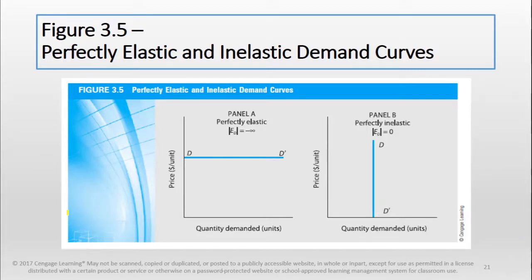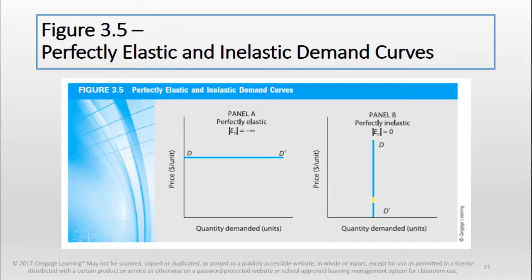Now, this is what their graphs look like. When you say perfectly elastic, your price is constant regardless of the changes in your quantity demanded. So, that is perfectly elastic. Now, this is only theoretical, because there are probably no products that are perfectly elastic or perfectly inelastic.